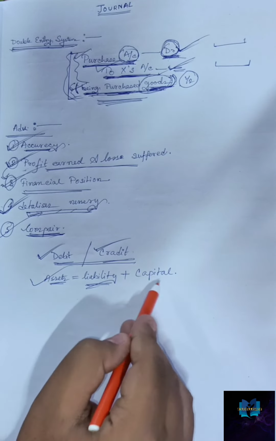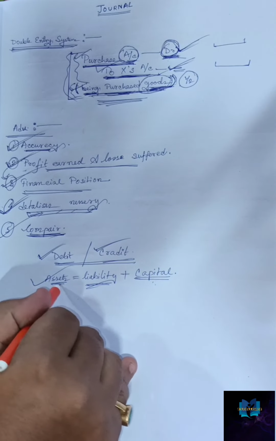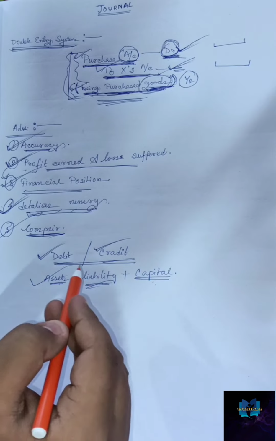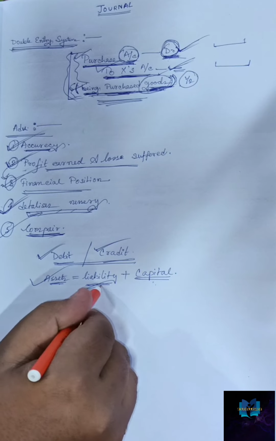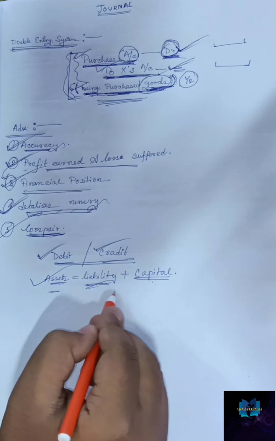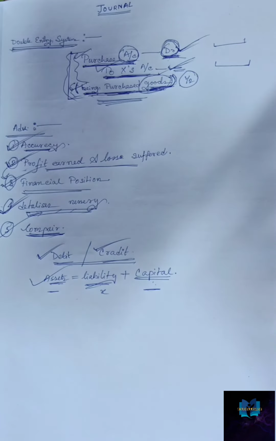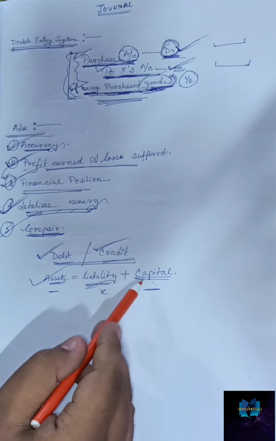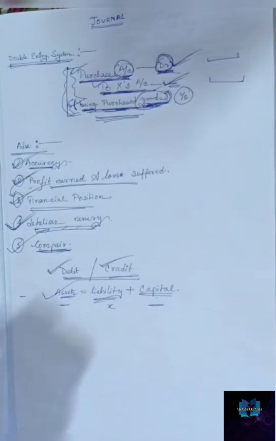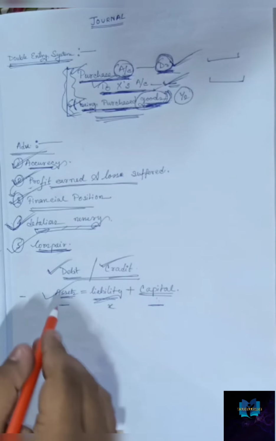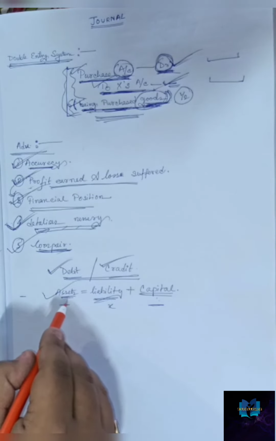Liability will be given, capital will be given, so capital plus liability equals asset. And if the question says that you need to get the liability, the amount of the asset will be given, let the liability be x, and the amount of the capital will be given. So capital will be transferred over there. Asset equals liability plus capital is the formula for getting the asset.